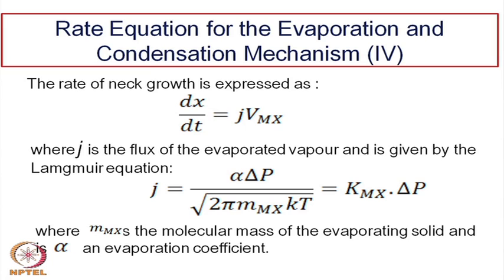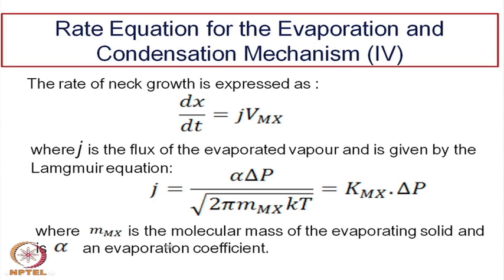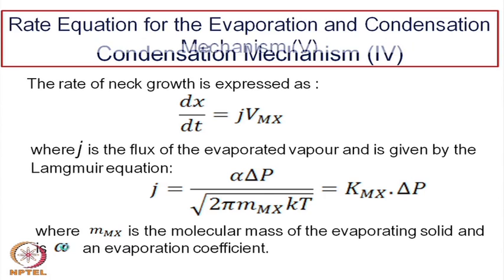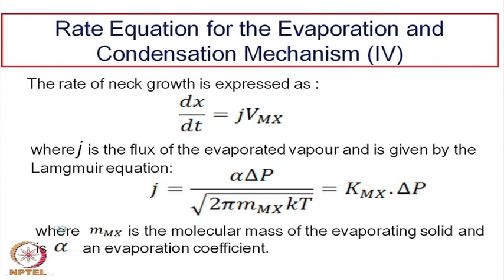Here again there are some terms that have been introduced, where m x, I think there is a mistake here, subscript m x is the molecular mass, it is mass now, not the volume, molecular mass of the evaporating solid, and alpha is an evaporation coefficient. Once again the alpha has been wrongly placed, sorry, I need to change that.